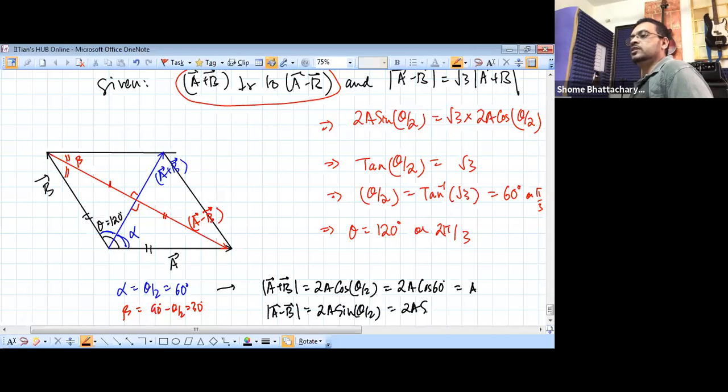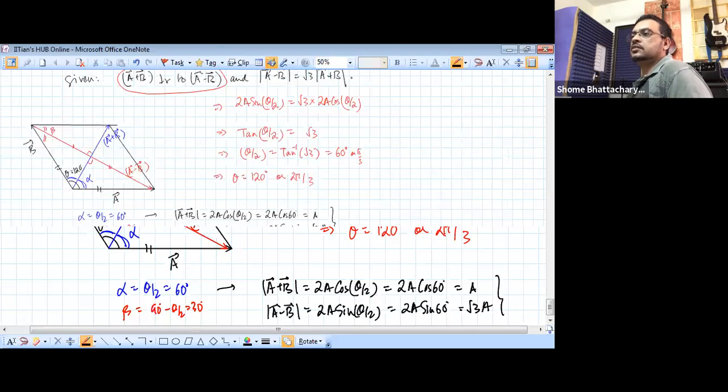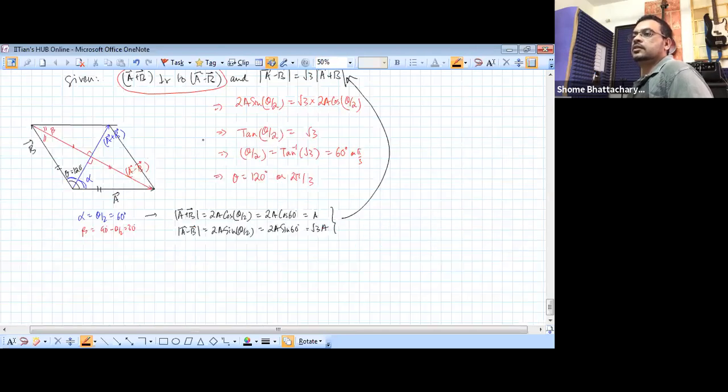So that is 2A sin 60, which is root 3 times A. So you can see that this is satisfying the condition that was given to us above in the problem, giving us this relationship.